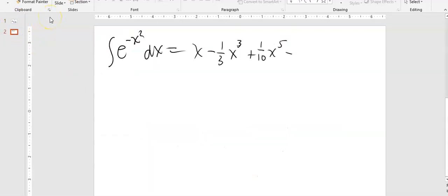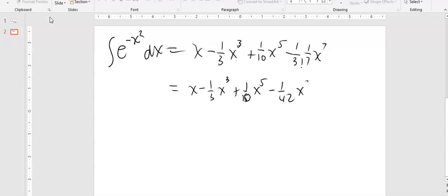The x to the 6th is going to become an x to the 7th. We're going to have to kill the 7. 3 factorial is 6, so it's going to be 1/42 x to the 7th. So just in terms of those first few terms, it's going to be x minus 1/3 x cubed plus 1/10 x to the 5th minus 1/42 x to the 7th.